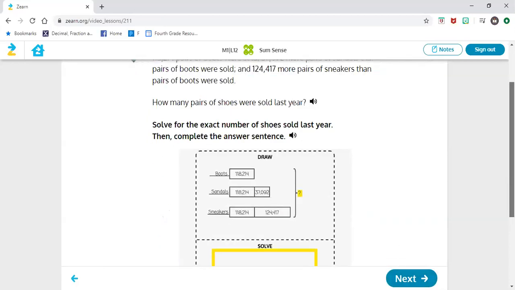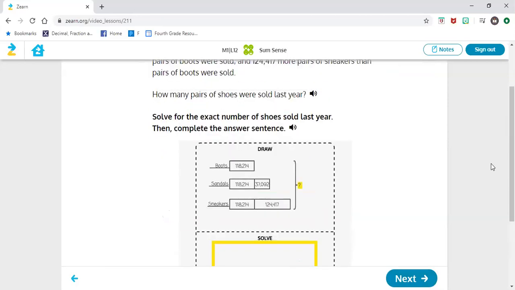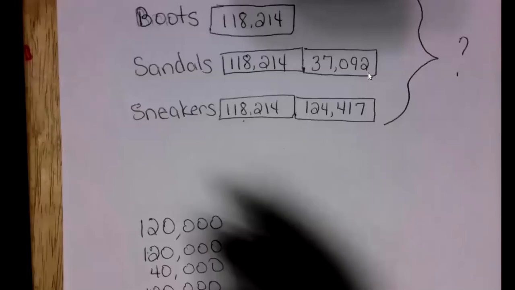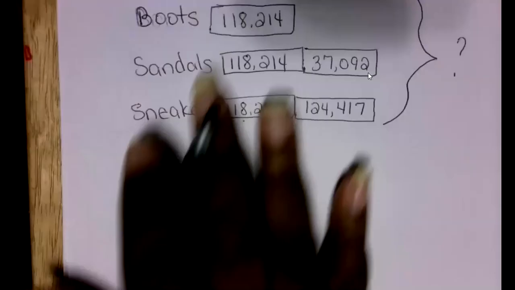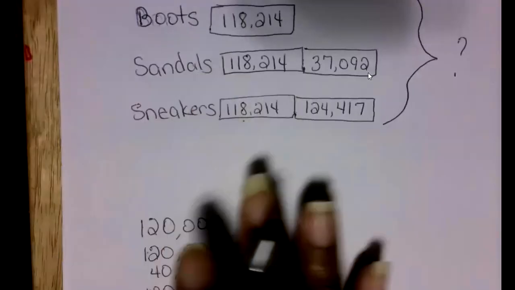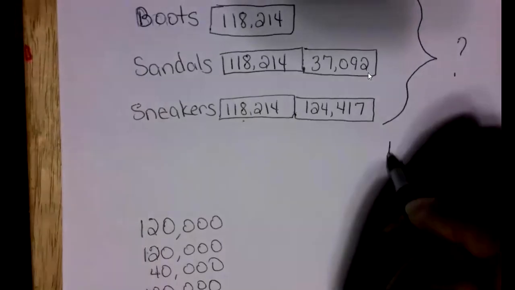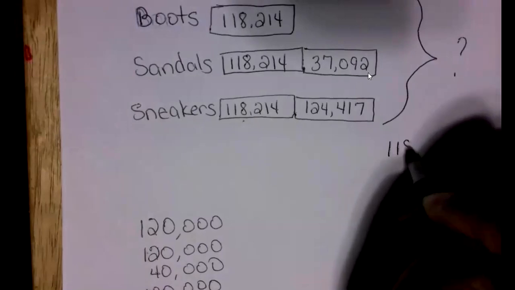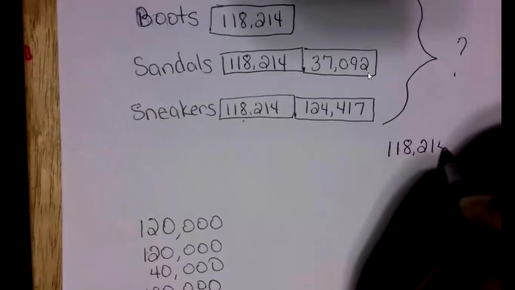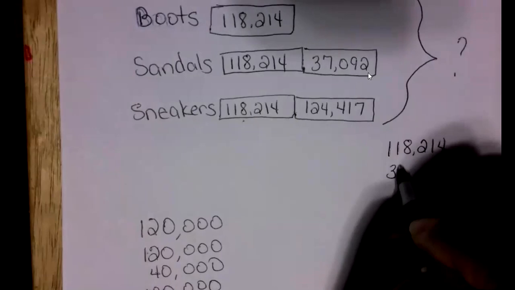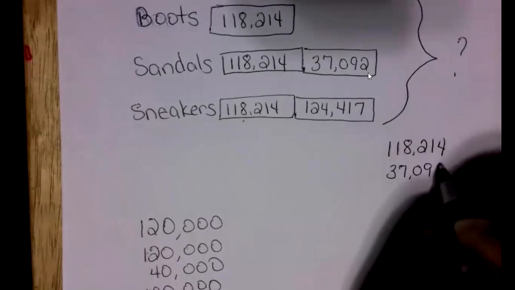Okay, so let's solve for the exact number. Unlike when we estimated, I can't add all four of these numbers together. I can, but that'll be very difficult. So I'm going to add my sandals together first to figure out how many sandals we sold.